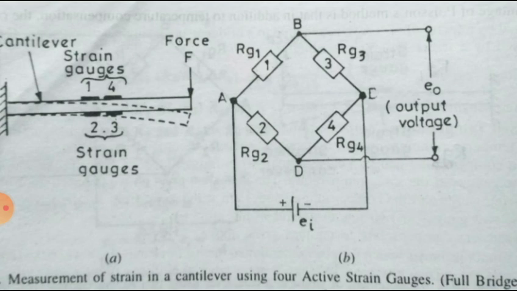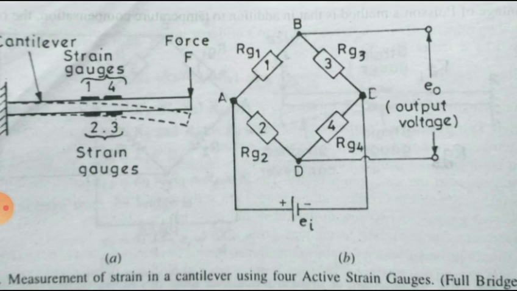When no strain is applied, the potentials of points B and D are both equal to Ei/2, and hence the output voltage E0 equals 0. When strain is applied, strain gauges 1 and 4 are in tension and strain gauges 2 and 3 are in compression.